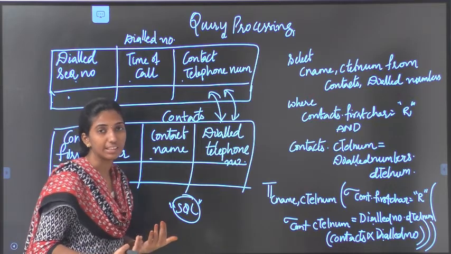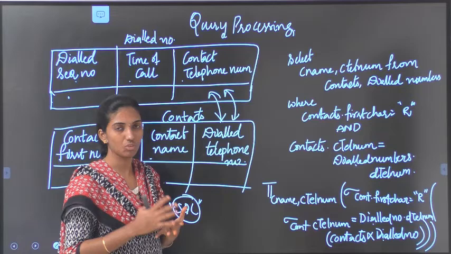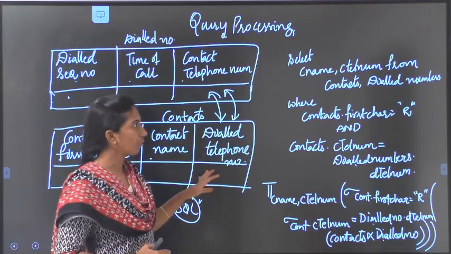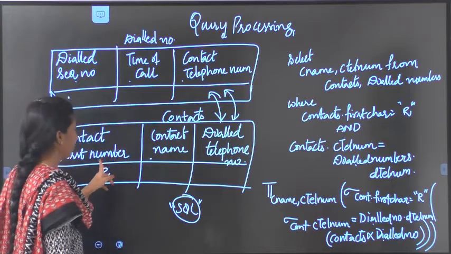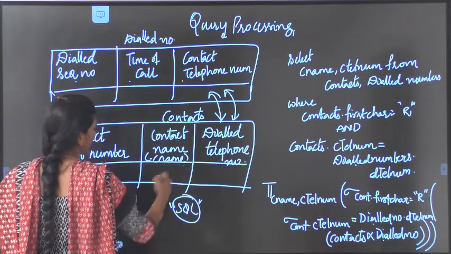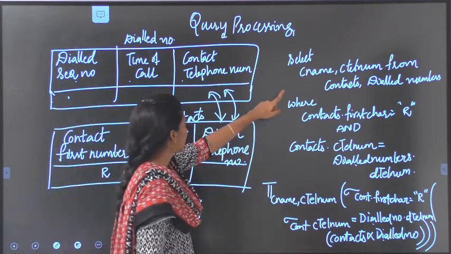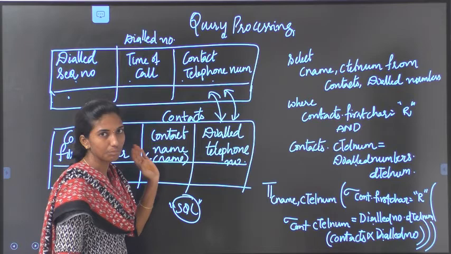So if we write this query in normal SQL, what I am going to write is select CNAME, comma CTELNUM from contacts and dial numbers.